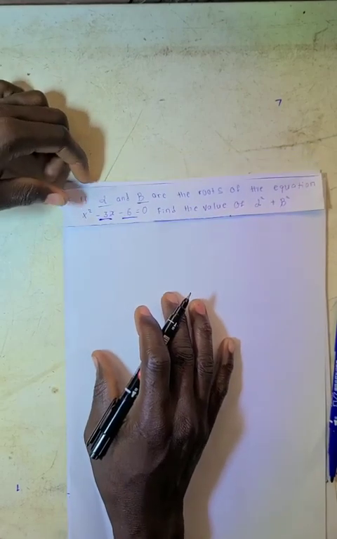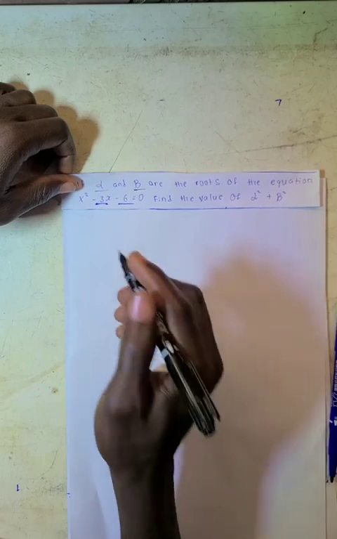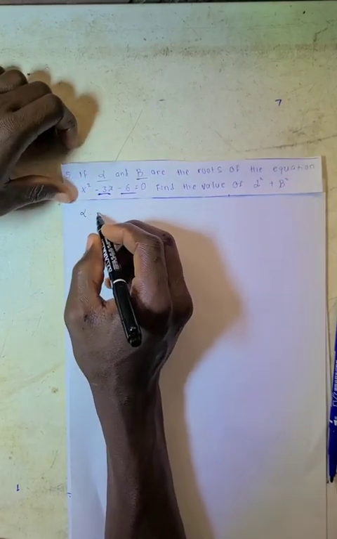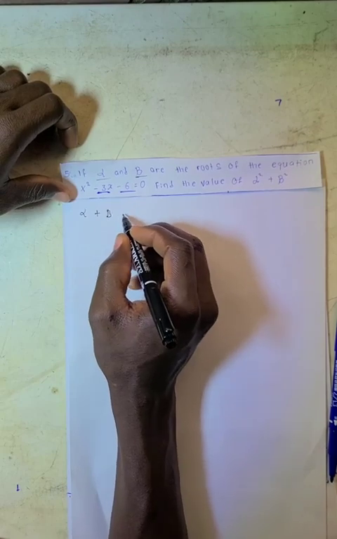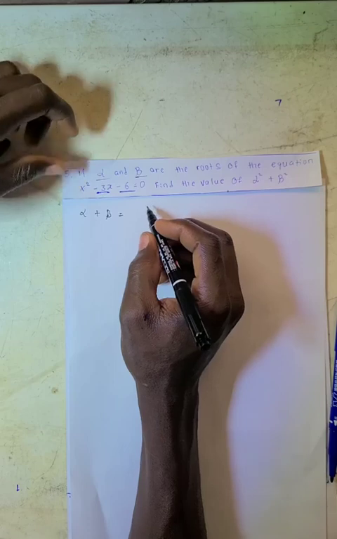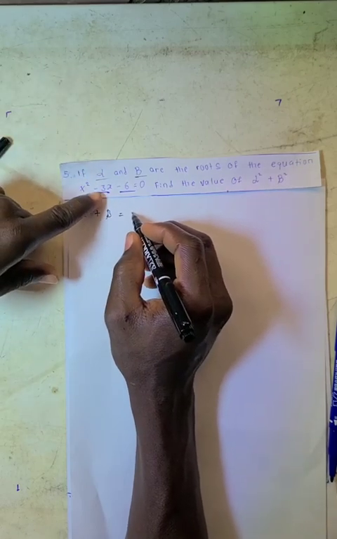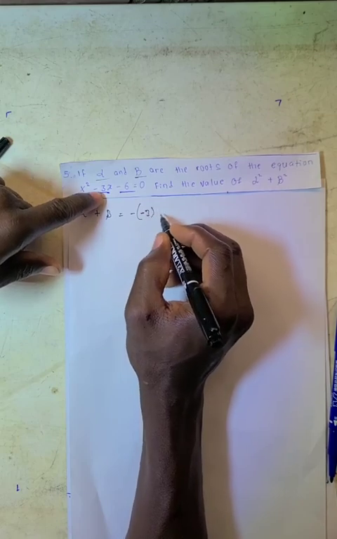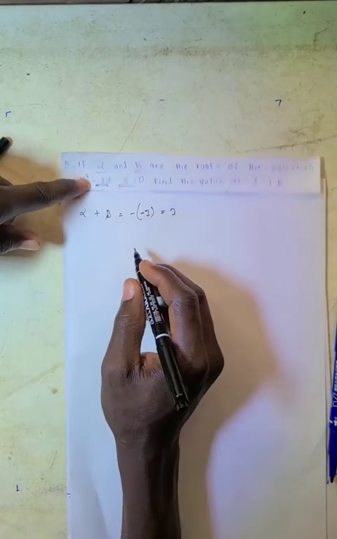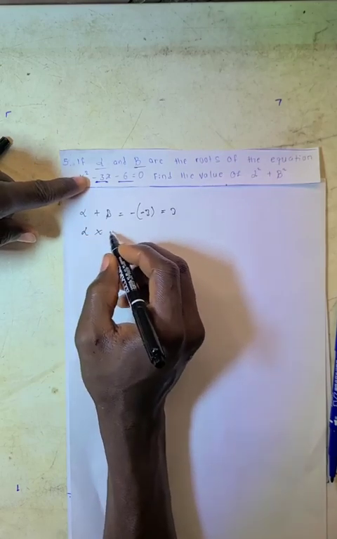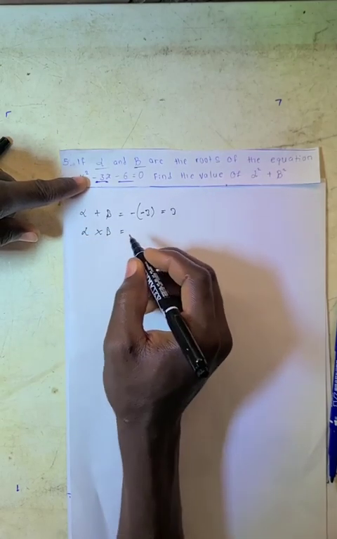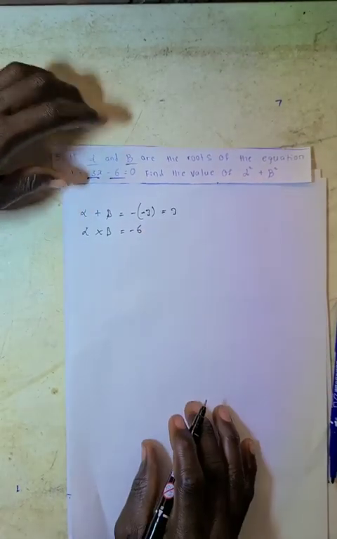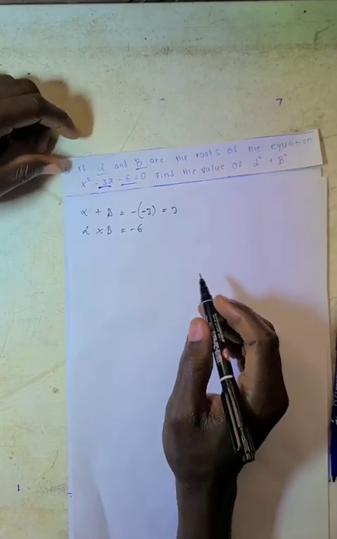Now, how do we get this? We have already established that alpha plus beta is equal to the negative of the middle term. Taking the negative of the middle term, that's minus minus 3, which is 3. And then alpha times beta is equal to the last term, that is minus 6.